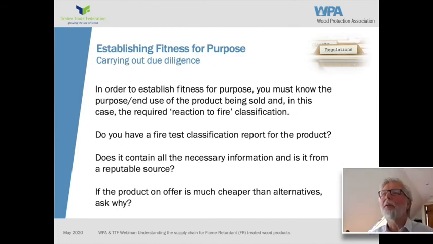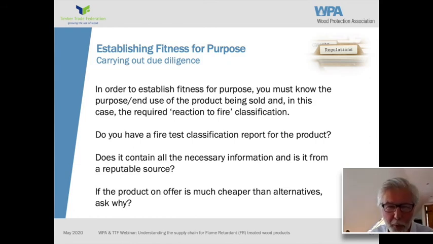Assuming you know that, do you have a fire test classification report or evidence that the material you're being offered meets that specification? Does the documentation you have contain all the necessary information? Is it from a reputable source?